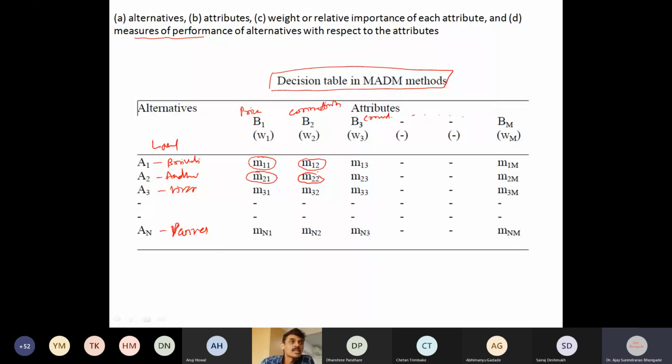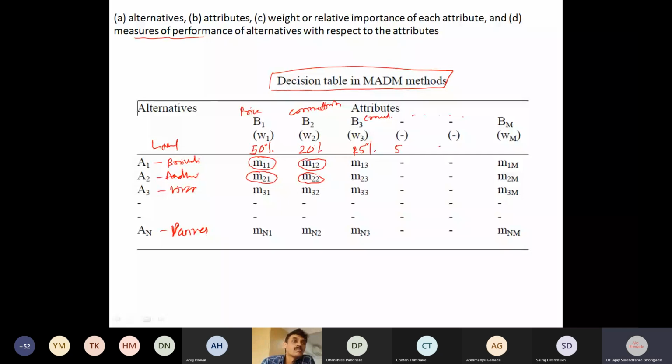Likewise, all the things are stated. But besides it, it will state the weights, right? So if I say that price is 50% important, connectivity is given, let us say, 20% importance. The crowd might be given another 15% importance, and likewise this will be 5% or something like that.